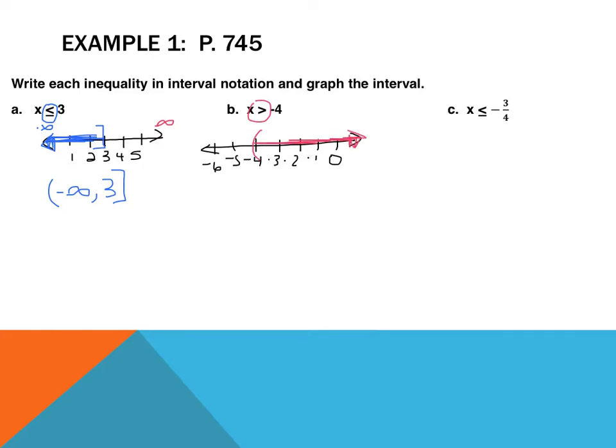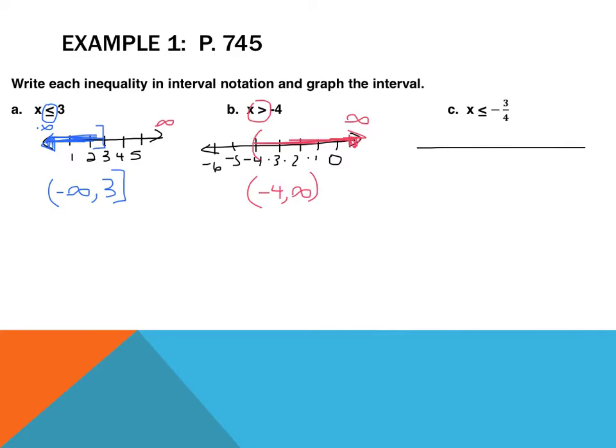Everything greater, including the arrow. So remember, the arrow represents infinity. So my interval notation is going to look just like my number line. Parentheses, negative 4 to infinity, and infinity always has parentheses.